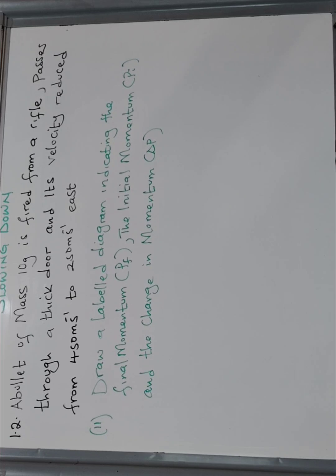Then the next question says, draw a labeled diagram indicating the final momentum, the initial momentum, and the change in momentum. Okay. The best approach to this question is this one.